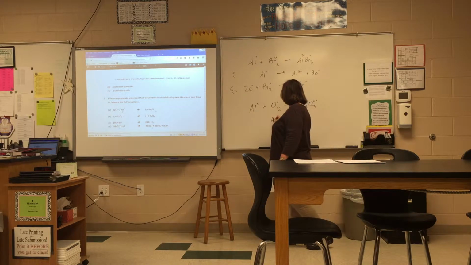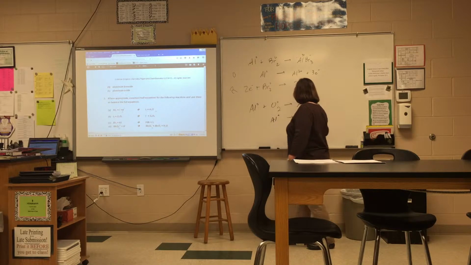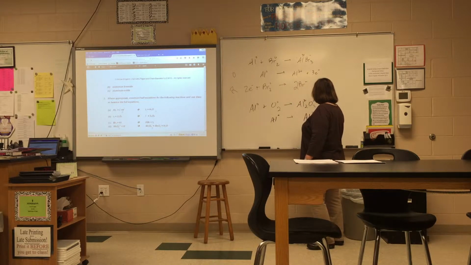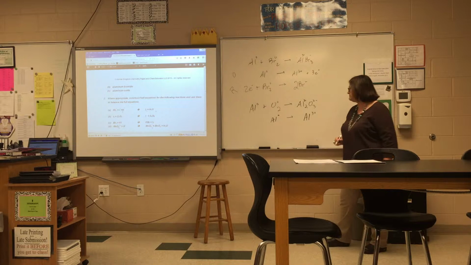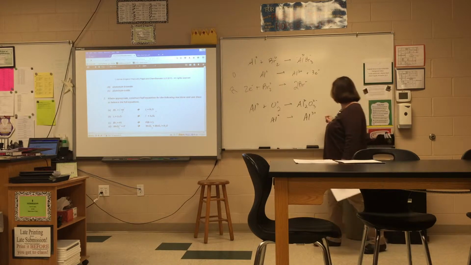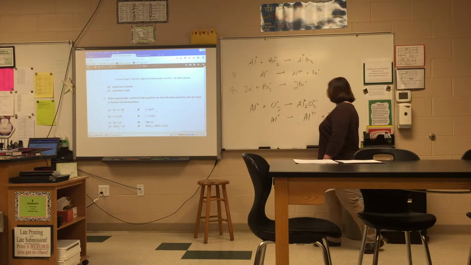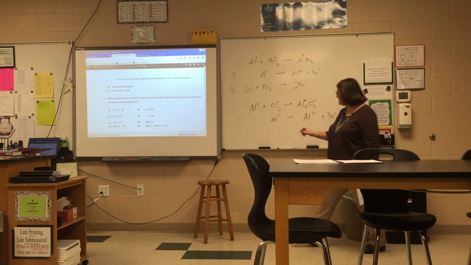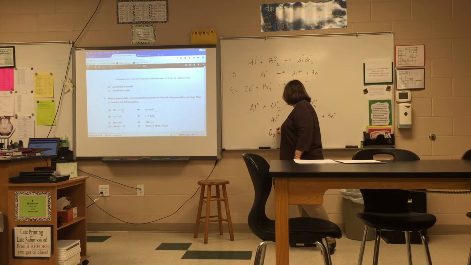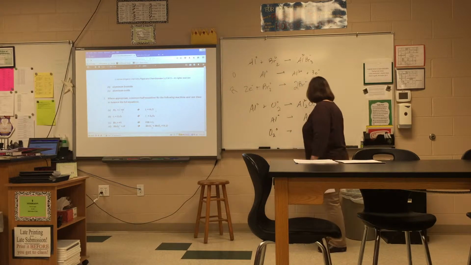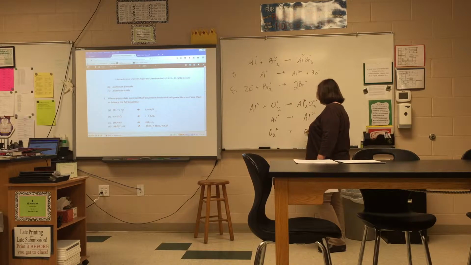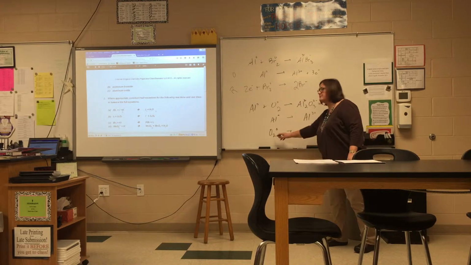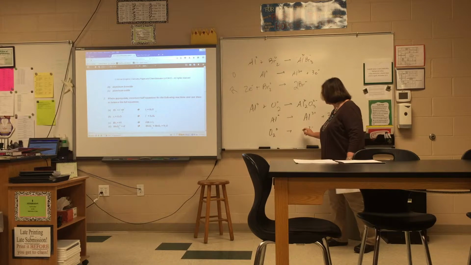So in this case, I have Al0 giving you Al3+. Okay? So you should have added 3 electrons right here. Right? Here we have O2, 0, giving us O2 minus. So I'm going to have to multiply this by 2 because it balances the O's.